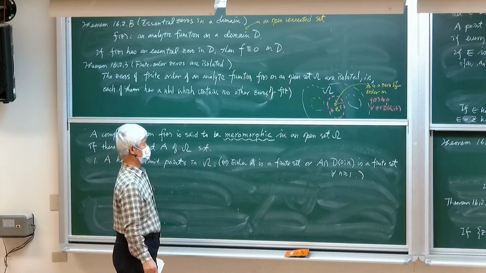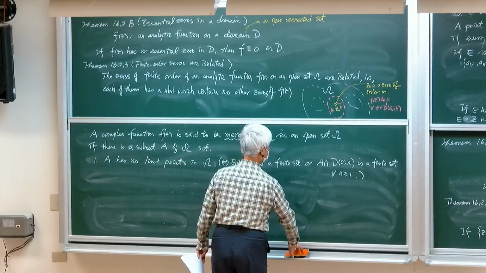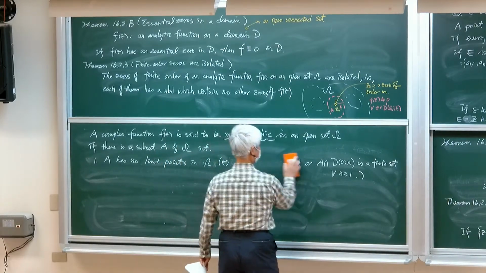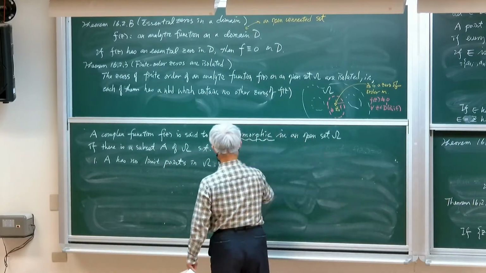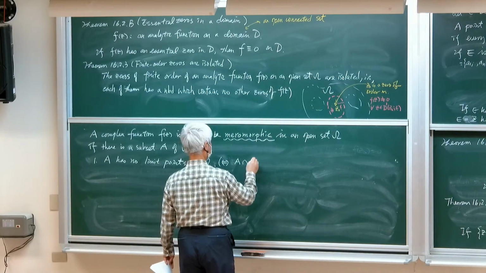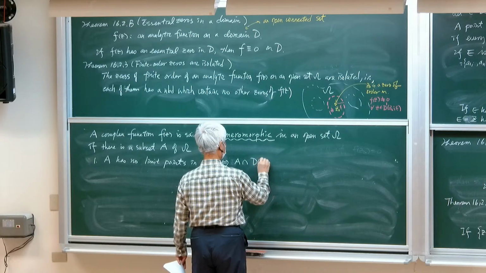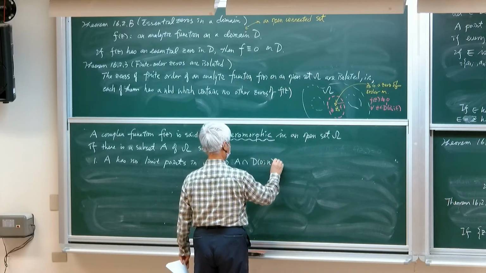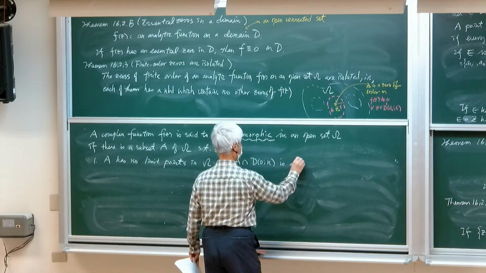Maybe I just use an equivalence: A intersect with a disk D is a finite set.